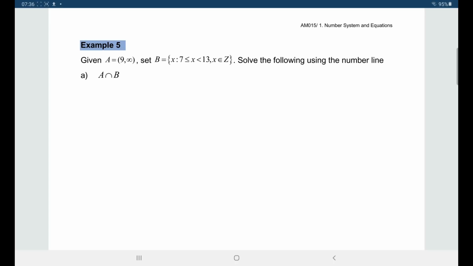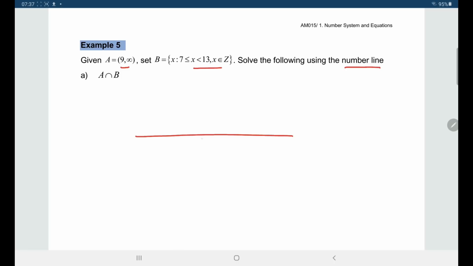Example 5, given A equals infinite interval 9 to infinity, set B the set of x where x is greater than or equal to 7 and less than 13, where x is an element of Z, integers. Solve the following using the number line. A intersect B. First, draw the number line.